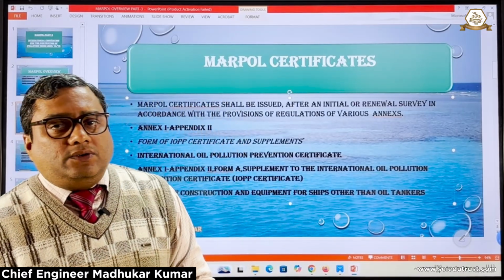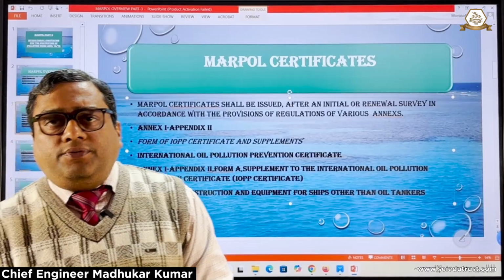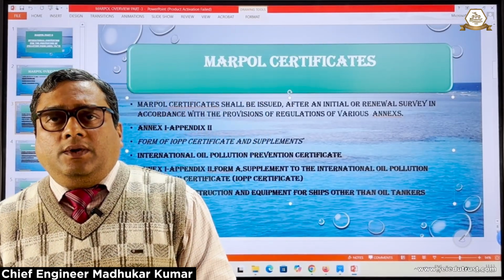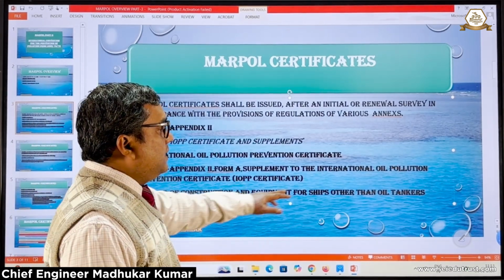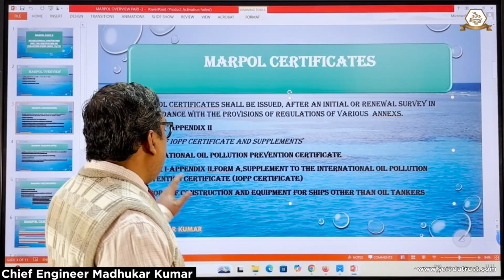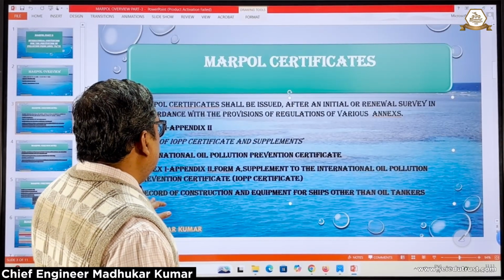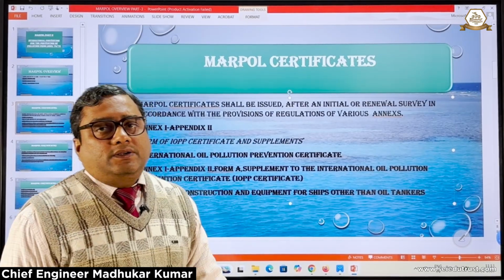The requirement is also there: if it is a tanker, 150 GT and above, and if it is a non-tanker, 400 GT and above. So form A is basically issued to ships other than oil tankers, and it consists of the construction record and the equipment record.